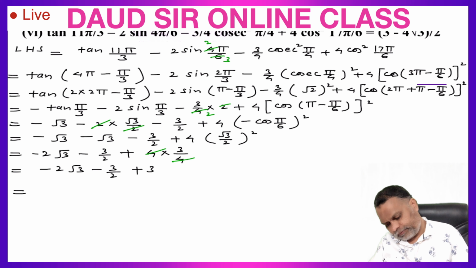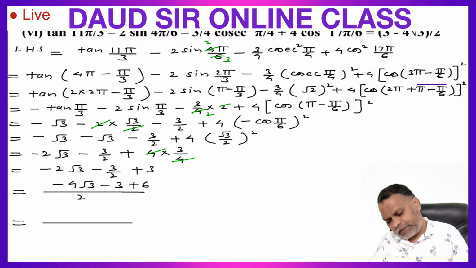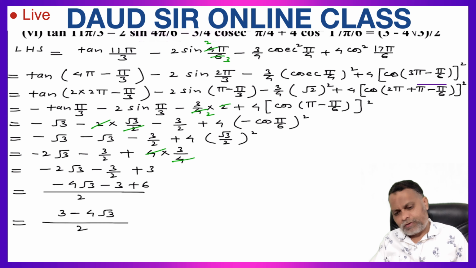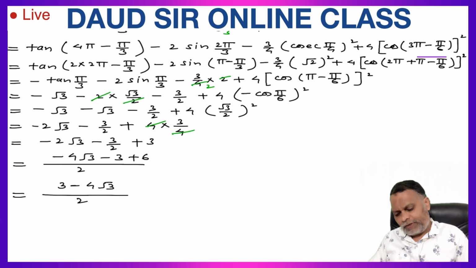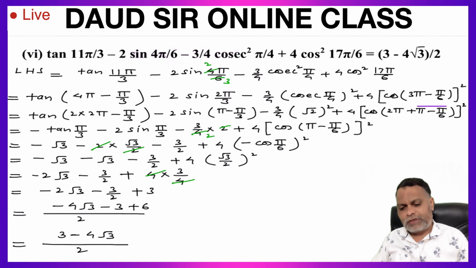Take LCM 2, so minus 4 root 3 minus 3 plus 3 times 2 is 6, which is equal to 6 minus 3, 3 minus 4 root 3 upon 2, which is equal to the right hand side, 3 minus 4 root 3 upon 2.